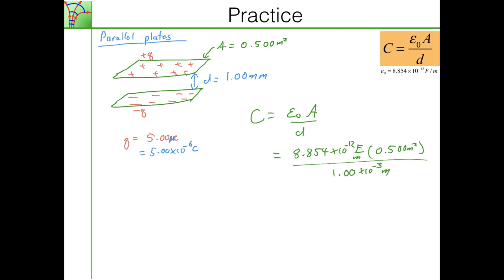And if you look at the units, the meters all cancel out, and I plug everything in, I get approximately 4.4 times 10 to the minus 9 farad, or about 4.4 nanofarad. So that's the capacitance for this particular arrangement.